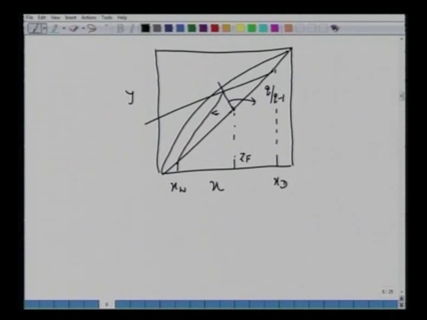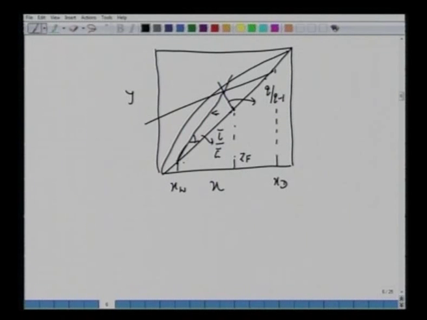All it means, we have three lines here: the equation of the enriching section, the equation of the operating line for the stripping section, and this Q line. If we know two, we can find the third. Suppose I start with xw, I draw this slope as L bar over G bar.